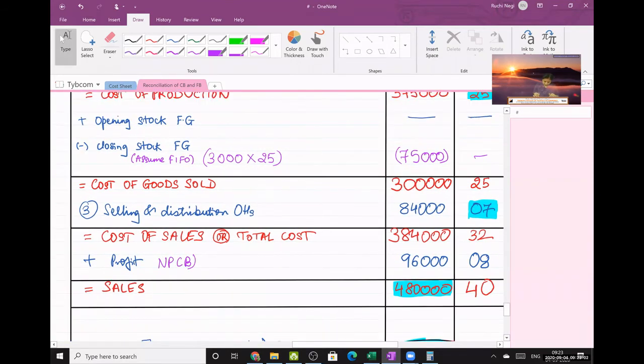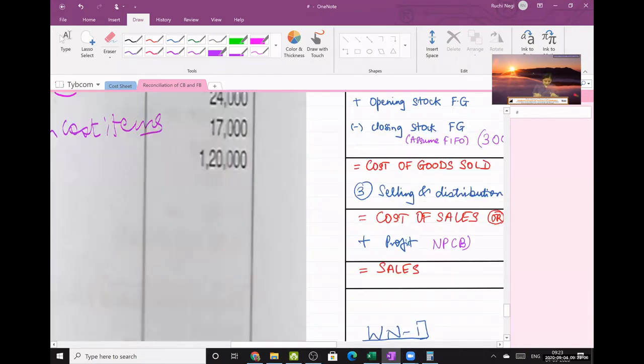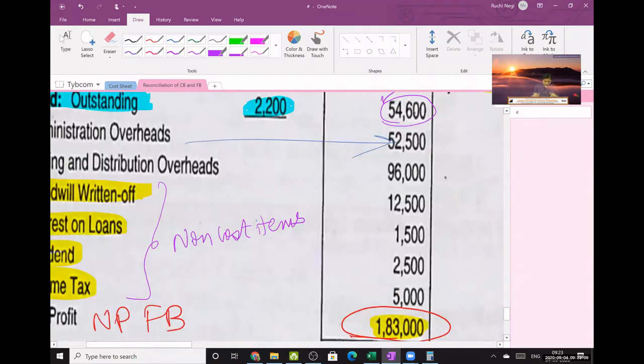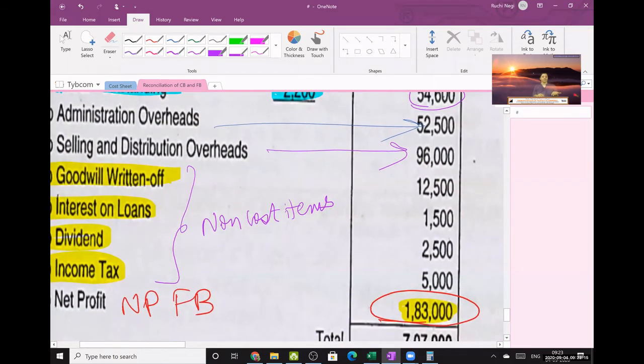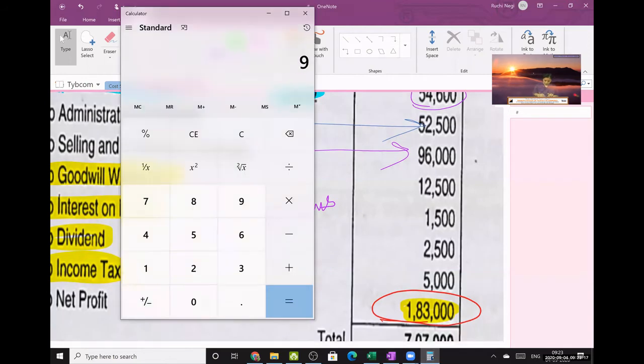Next is selling and distribution. How much is it in the cost sheet? 84,000. Let's see how much it is in finance books. 96,000. So now it is more in finance books. So 96,000 minus 84,000 is 12,000 excess in finance books.